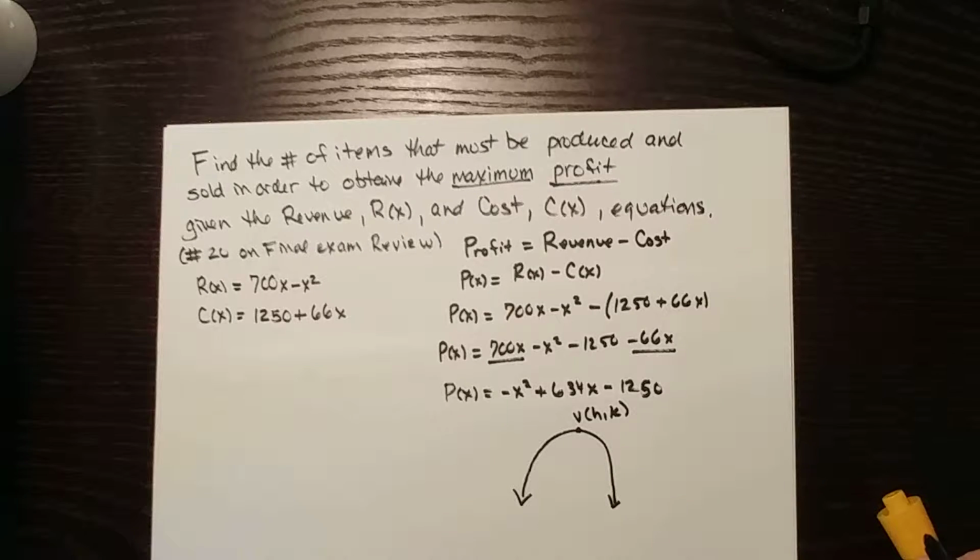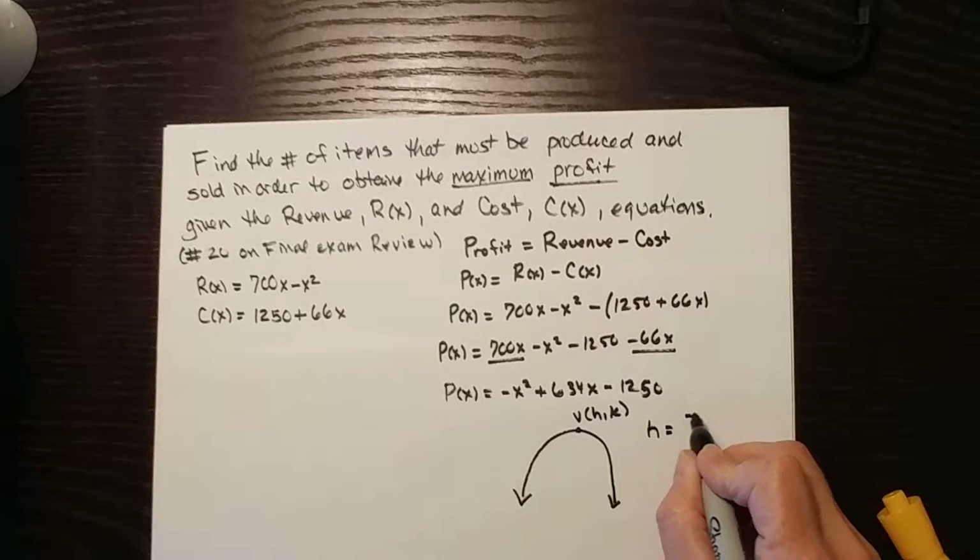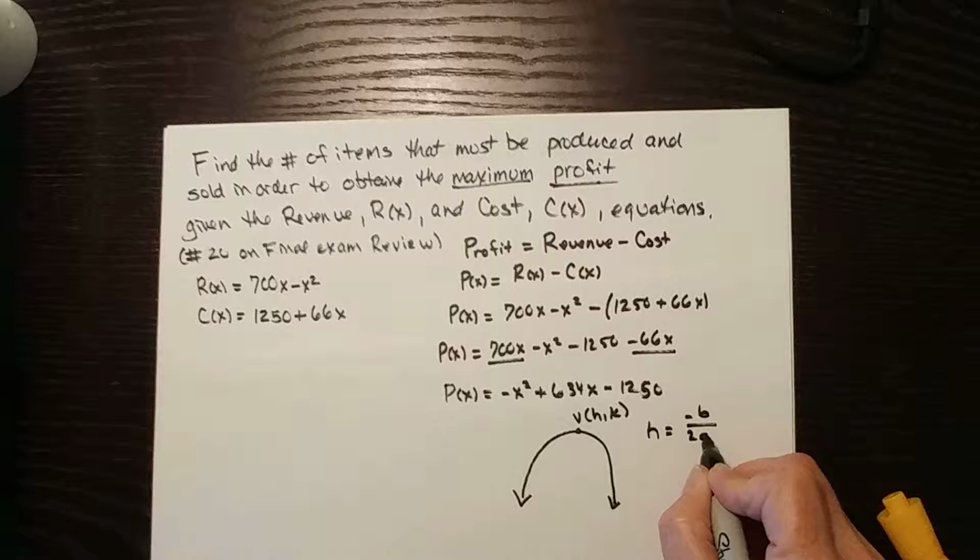Now, here you have some choices. You could put P of X is equal to negative X squared plus 634X minus 1250 into your calculator and use the function on it to find the maximum point, and that would help you find (H, K). Or you could memorize that H is equal to negative B over 2A.